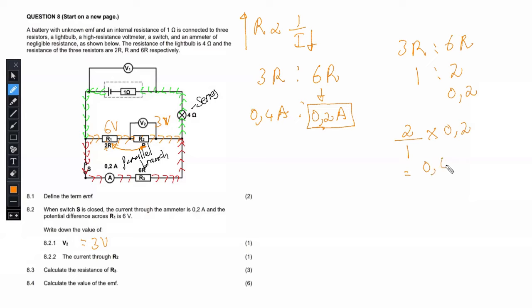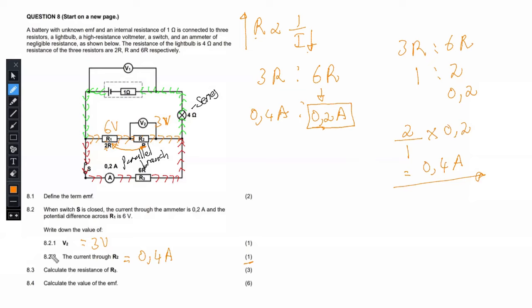And then this will give us 0.4 amperes. So that's how you show the calculation, but this is a 1-mark question, so it is just supposed to be 0.4 amperes. Again, here we simply used the relationship. The relationship between resistance and current is inversely proportional, so bigger resistance, lower current. Lower resistance, bigger current. Right.